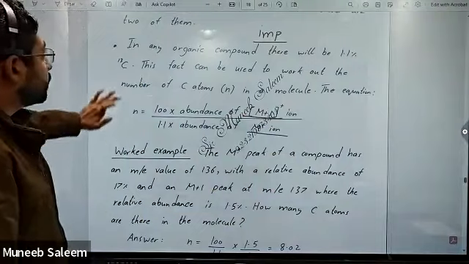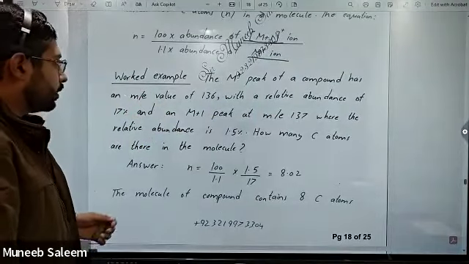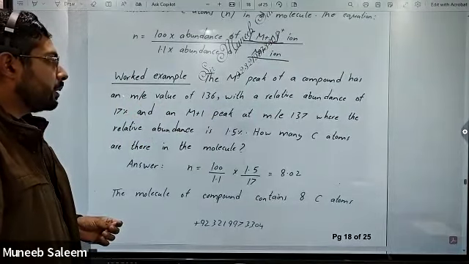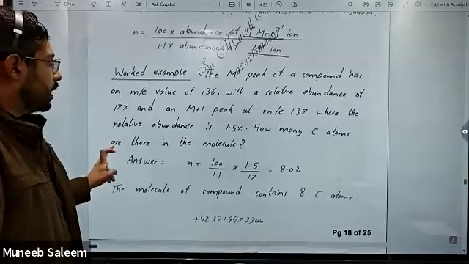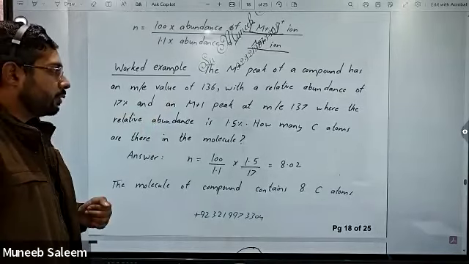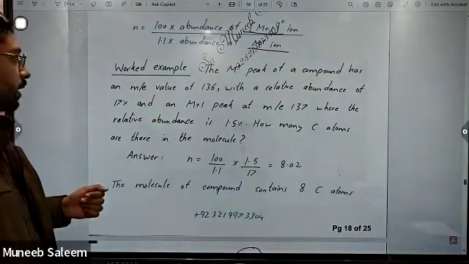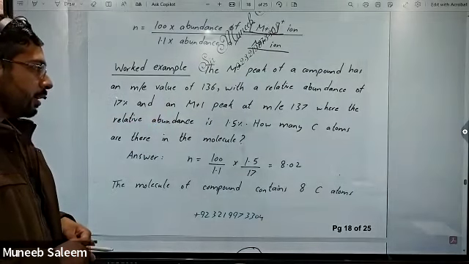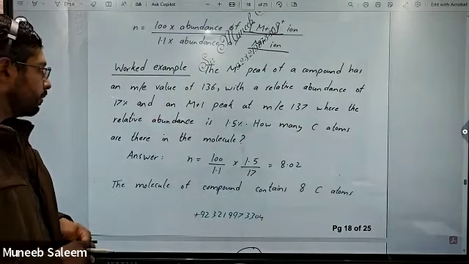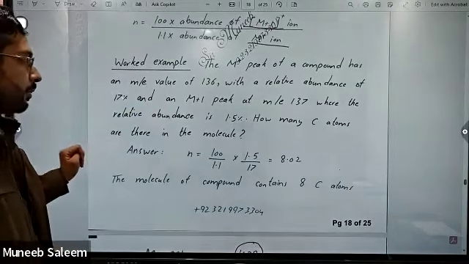So here's an example. The question says you are given the M+ peak of a compound which has a value of 136 with a relative abundance of 17% and an M+1 peak at m/e 137 where the relative abundance is 1.5%.